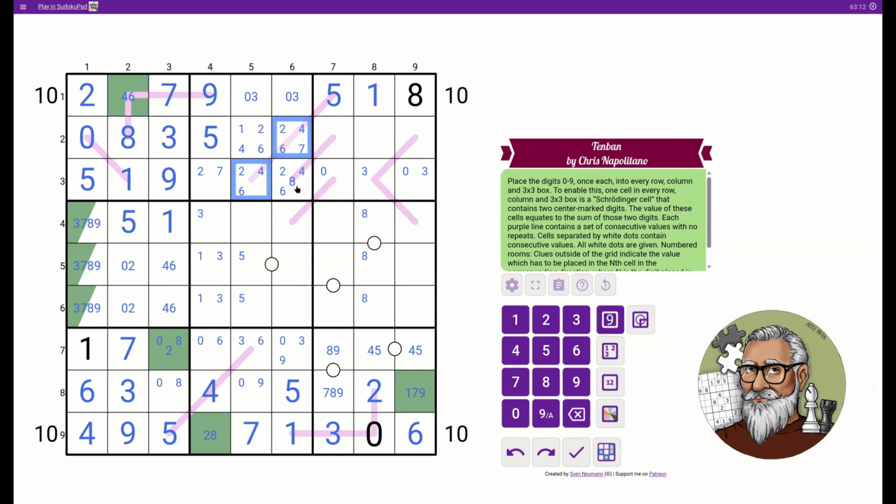This would have to be 8-6 then. No, hold on. 4-2 and 7 is not allowed anymore. Ever since we eliminated the last one here, we can't have 4-2 and 7 anymore. So we can't have 2 here. Right?